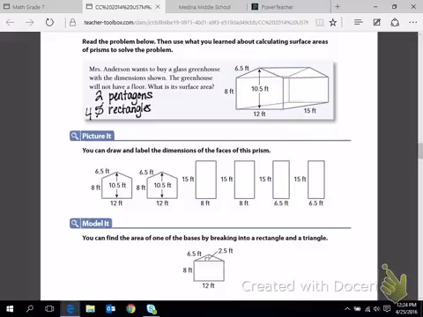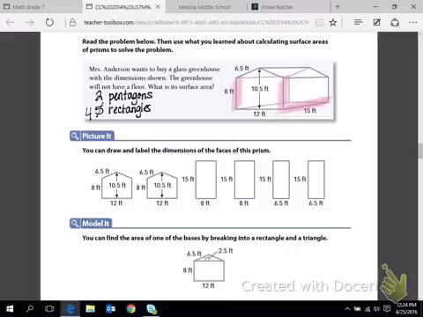So when you look at the picture, it breaks down the problem to where you see the 2 pentagons and the 4 rectangles, because it's eliminating the bottom that it's sitting on because there's no floor. So you have your 2 pentagons with the appropriate measures and 4 rectangles. Now 2 of the rectangles are 15 by 8, and that is found here. You have 8 high here, so this is 8 as well, and 15 long.